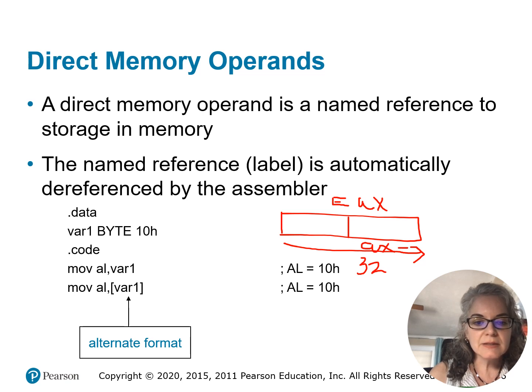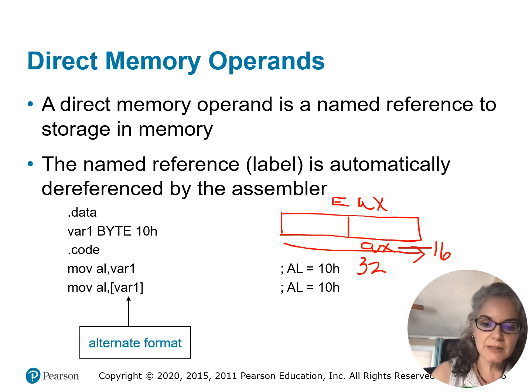So AX is 16 bits. So if we define something that's the size of a word, then we could put it into the AX register, because AX is 16 and a word is 16 bits. If we divide this in half, this here is 8 bits and this is 8 bits.